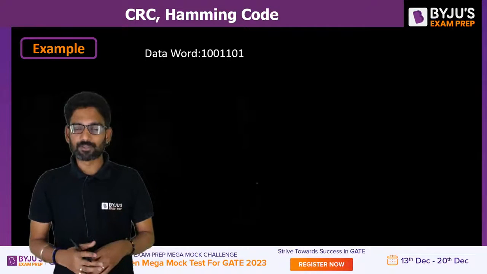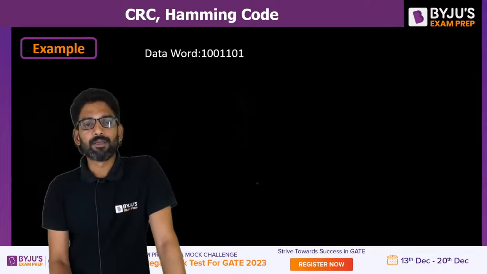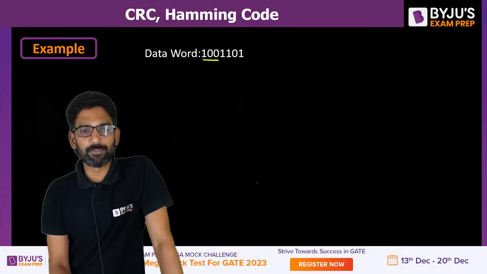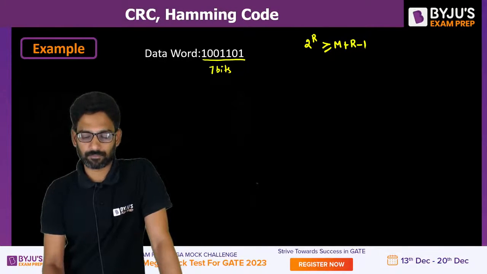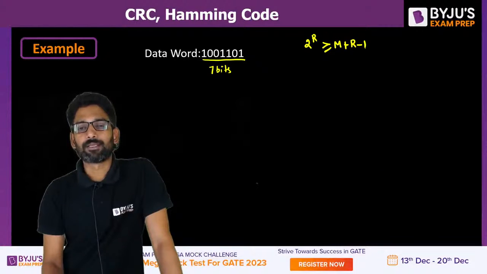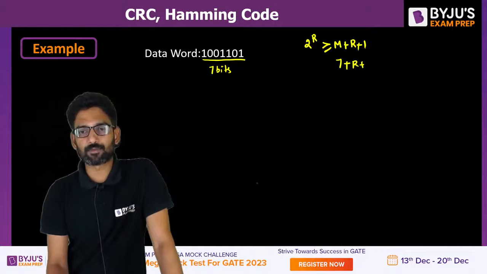Yeah, that was 2 power r only, just a typo. Okay. Suppose this is the data word. How many bits does it have? You check, we have 7 bits. We know 2 power r must be greater than or equal to m plus r plus 1, where m is data bits. So 7 plus r plus 1 should be less than or equal to 2 power r.